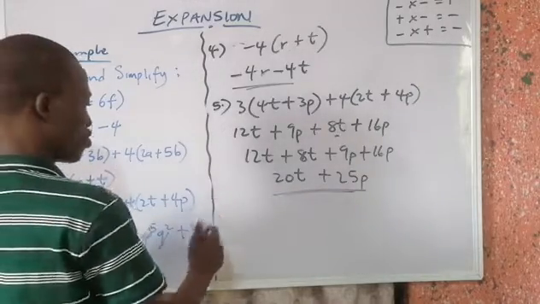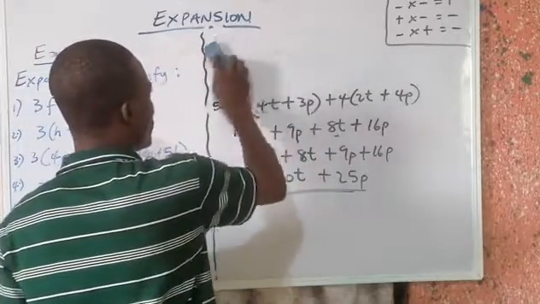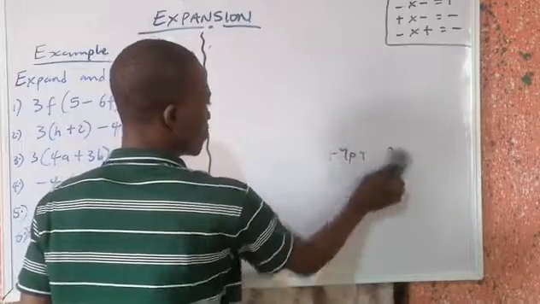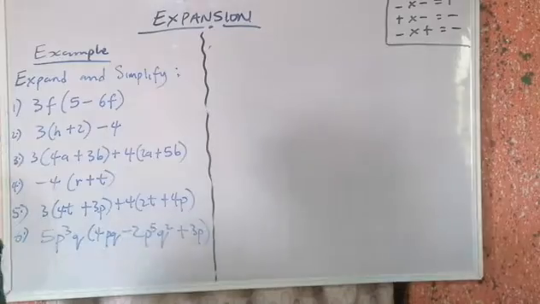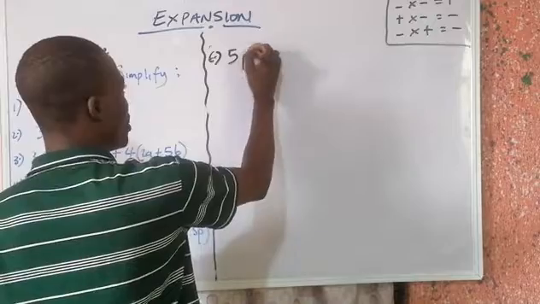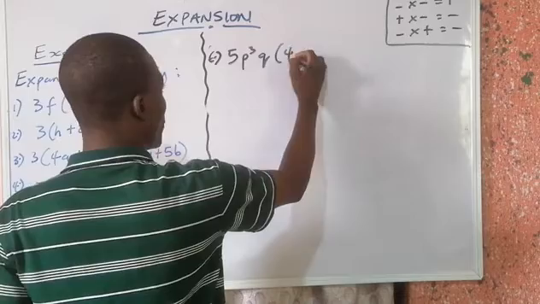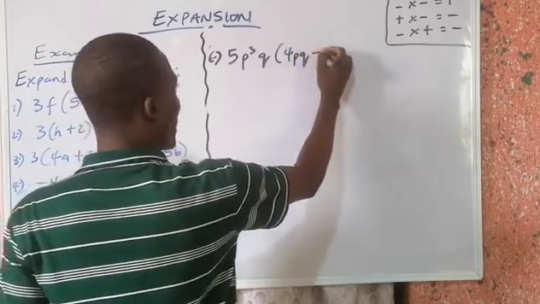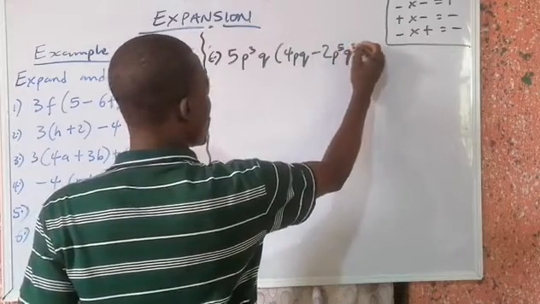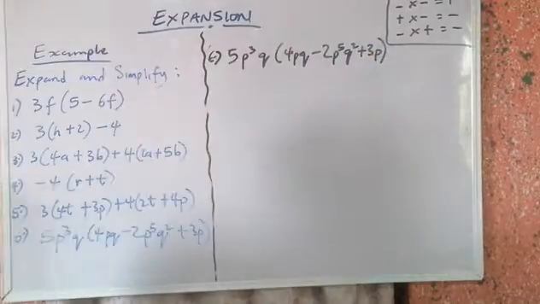Let's bring number 6 up. Number 6 now. Number 6, I have 5p raised power 3 q, bracket, 4pq minus 2p raised power 5 q squared plus 3p, close the brackets.